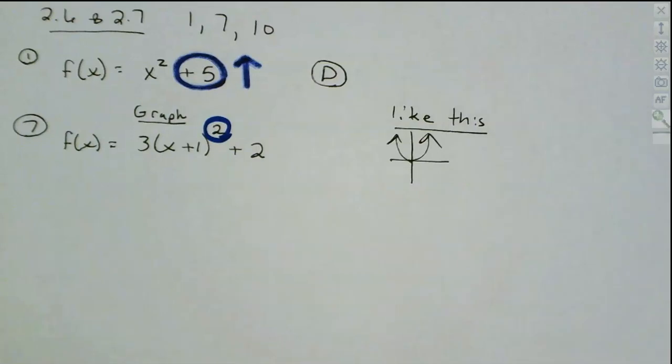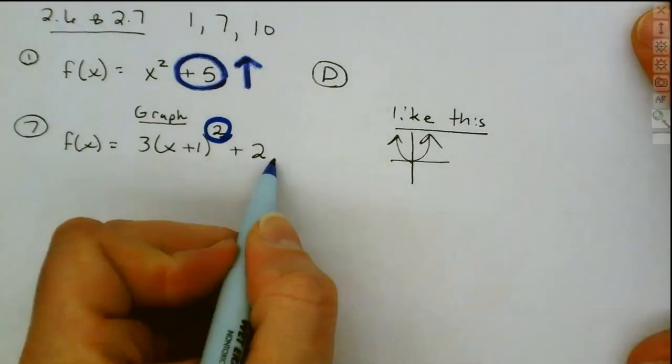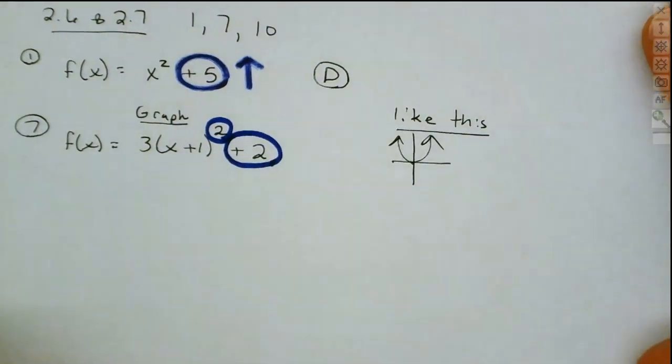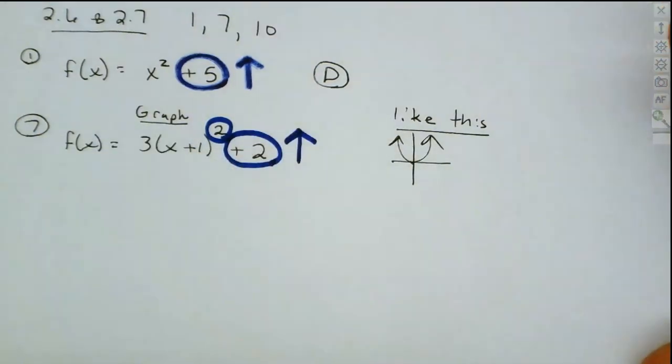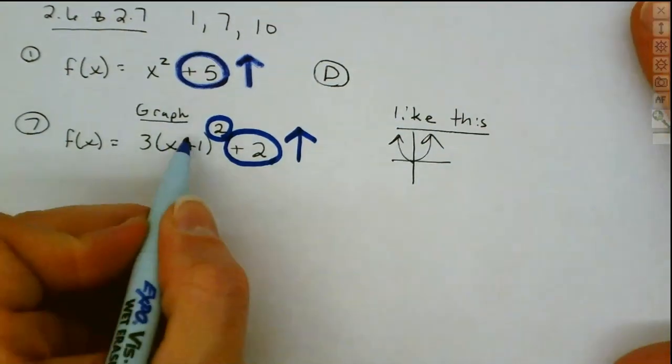Then we go and we look at it, and I like to start at the back and work my way forward. So what does this 2 do? Well, the 2 is on the end, up and down. It is a positive 2, so what does that do to it? That moves it up 2 units, right? Now, be careful with the number inside.